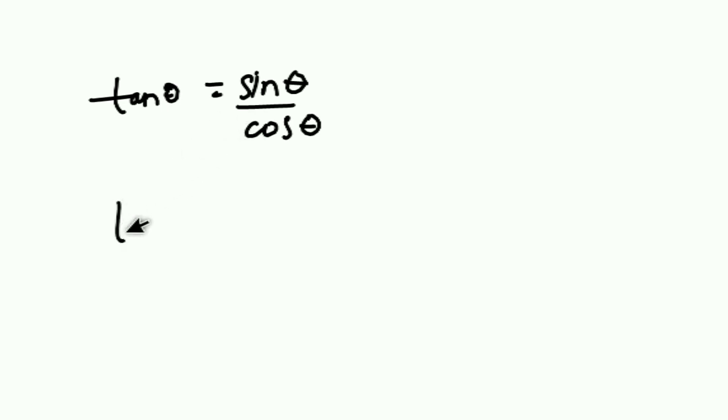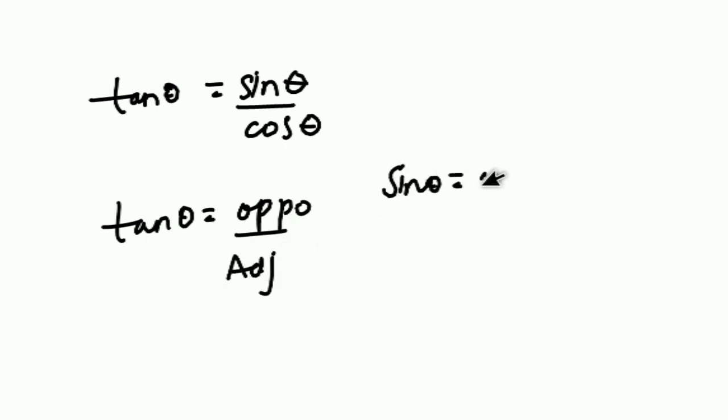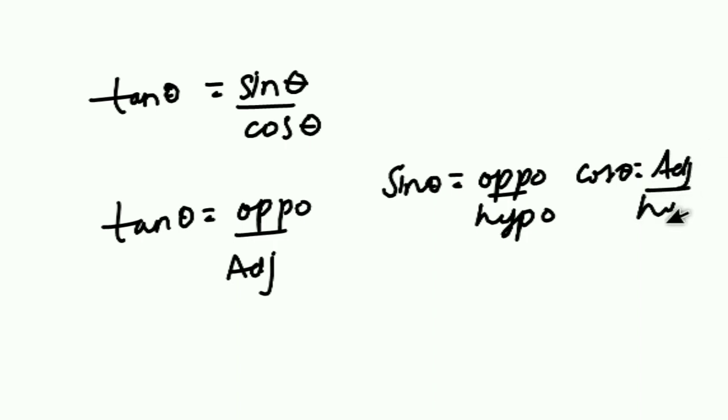You can also write tan theta as sin theta divided by cos theta. Now you will ask how we can write this. Since you know that tan theta is equal to opposite side divided by adjacent side, and you also know that sin theta is equal to opposite side divided by hypotenuse, and cos theta is equal to adjacent side divided by hypotenuse.